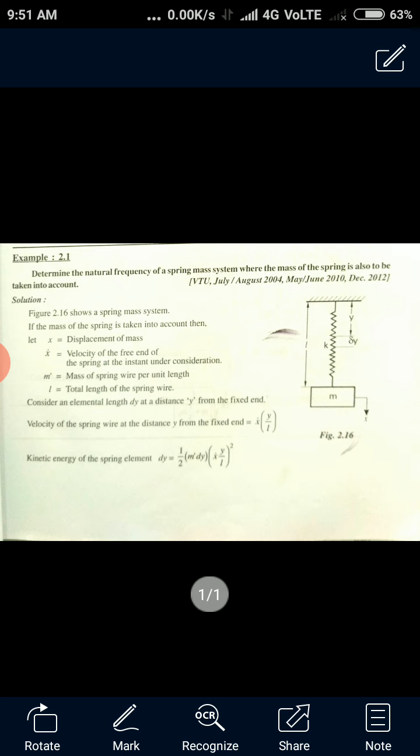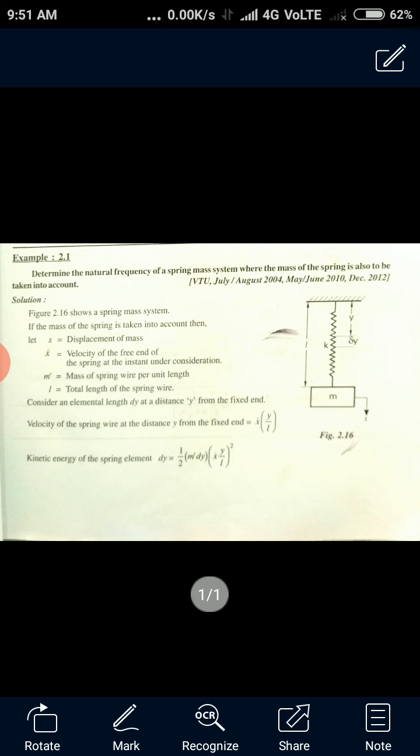So we have to determine the kinetic energy of the mass, the kinetic energy of the spring, since we are considering the mass of the spring, and the potential energy of the spring. The important part here is to determine the kinetic energy of the spring.